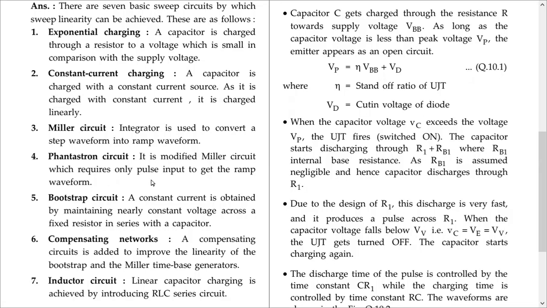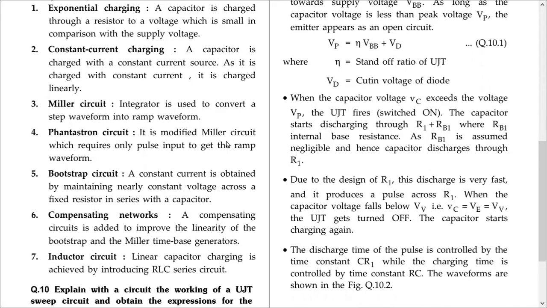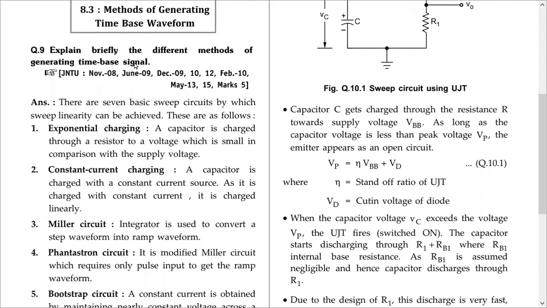A constant voltage is maintained across a resistor, a constant current flows through the resistor, and the same is made to pass through the capacitor. Then we can obtain the time-based signals.